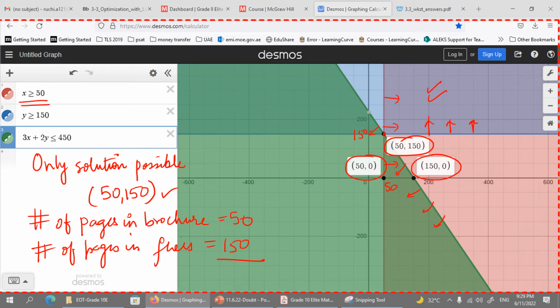That would minimize the cost, and if you want to calculate the cost, we can go to the objective function: 0.08 multiplied by 50 plus 0.04 multiplied by 150. Calculation, this will come out to be, let's just do it in the calculator, 10. So $10 would be spent.